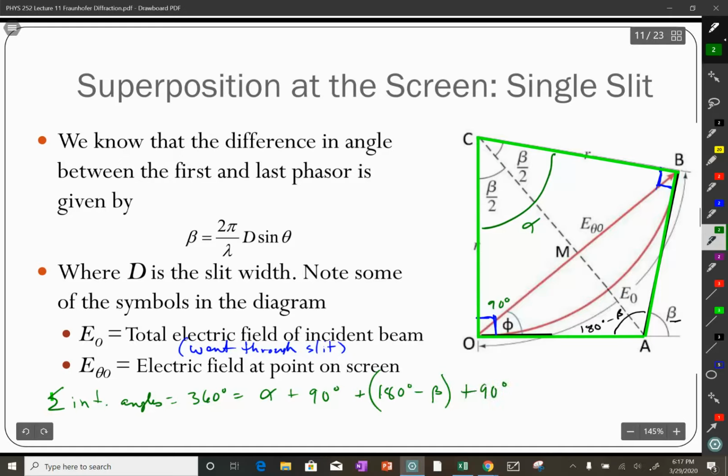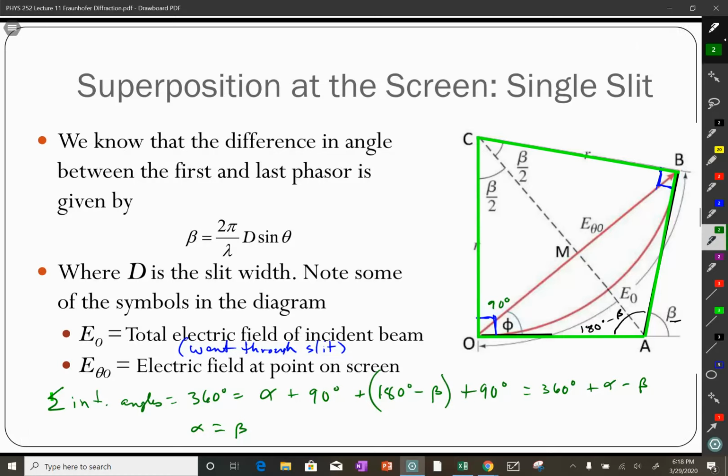Well, of course, if you just add those up, 90 plus 180 plus 90 is 360 degrees, plus alpha minus beta. So we get from that alpha must be equal to beta. And so that's how we get this angle here. Notice it's beta over 2 and beta over 2 because it's split in half. And now you're wondering, why, pray tell, is it split in half?